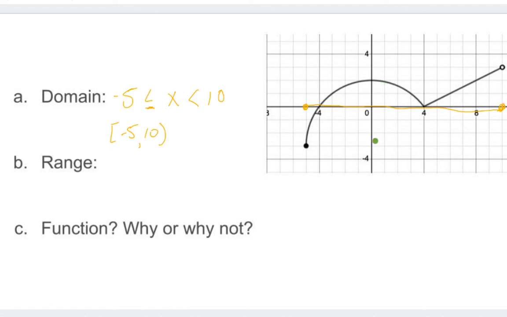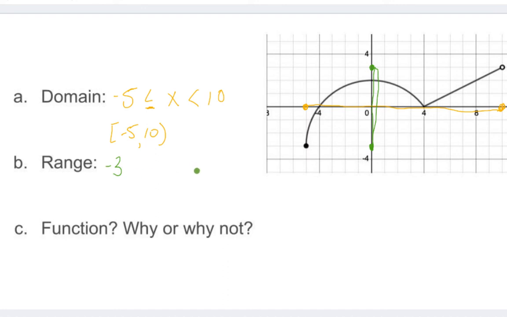So the range, again, the lowest we see is down here at negative 3. Then we go up, up, up. It stops here, but the graph still keeps going up to here, positive 3. So we want all of this. Now it includes the negative 3, but since that's an open circle, it doesn't include the positive 3.